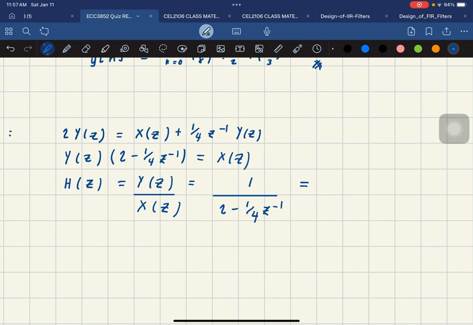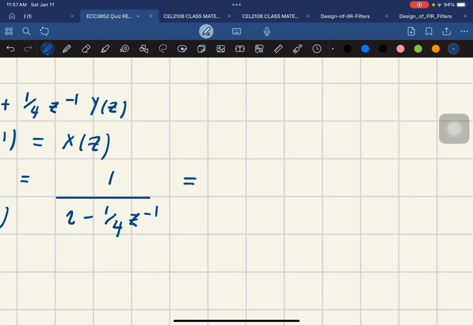If we simplify by factoring out 2 here, it will be 1 over 1 minus 1/8 z to the minus 1.